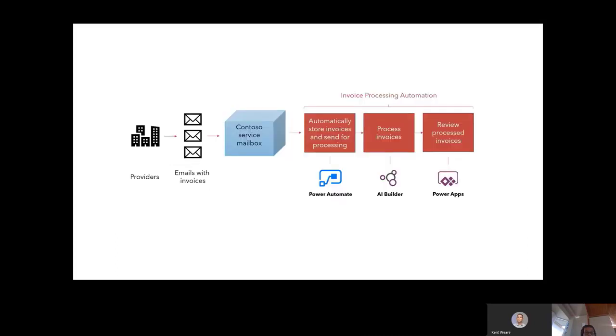So this helps you manage invoice processing at scale. And effectively, you can have different providers or vendor formats who are sending you emails with the invoices, and then this processing toolkit, which is a combination of Power Automate, AI Builder, and Power Apps, helps you process these invoices and manage these models.